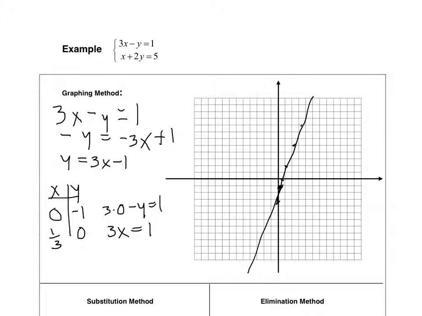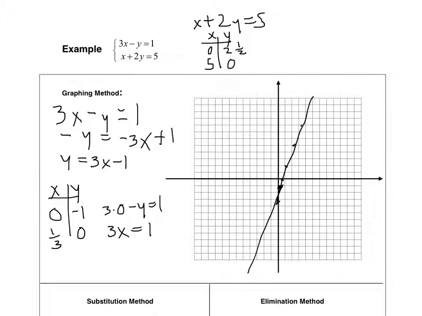So our other equation is x plus 2y equals 5. We can graph that one of two ways. We can create our t-chart. Let x be 0. That means that y is 5/2, or 2 1/2. Let y be 0, then x is 5.